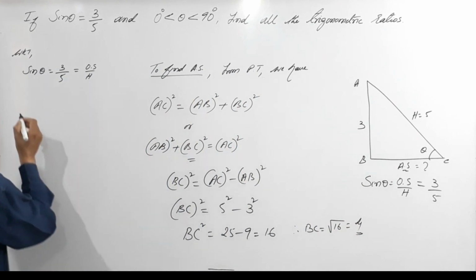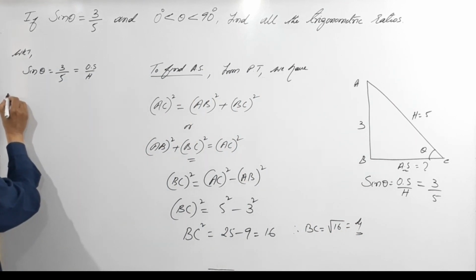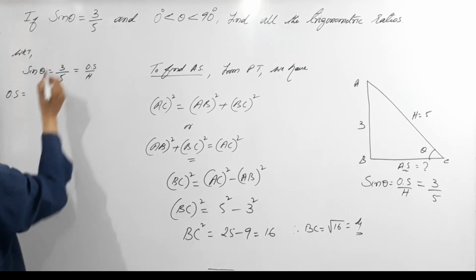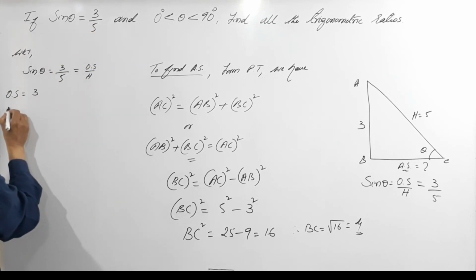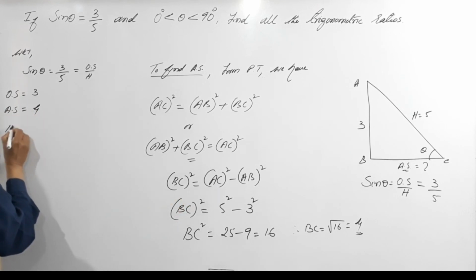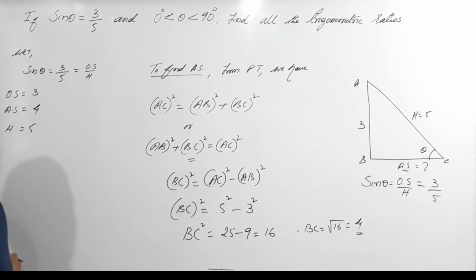Now the opposite side is 3, the adjacent side we have just found is 4, and the hypotenuse is 5. Done. From this we can find all the values we want.